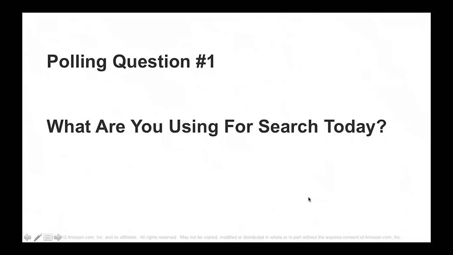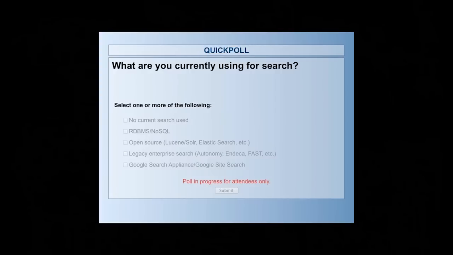So let's turn to our first polling question. I'll just bring it up now. And we're going to ask you, what search are you using today? So select one of the following. You're not using any search today, or you're using a database, relational or NoSQL database.